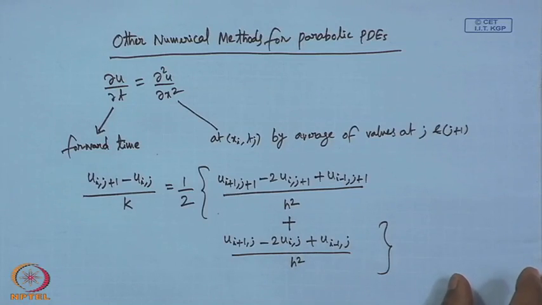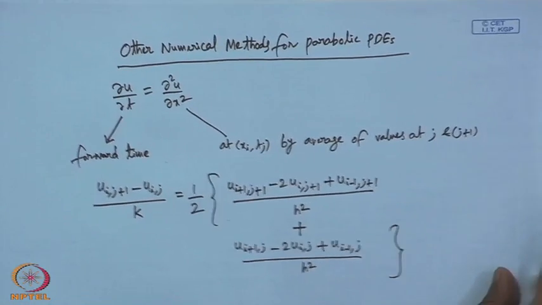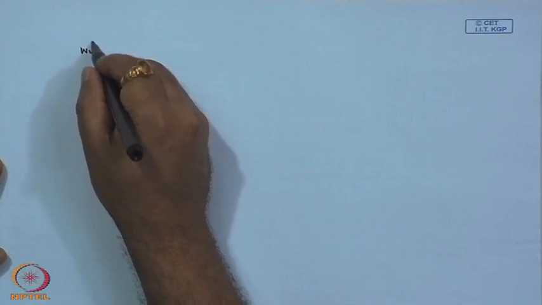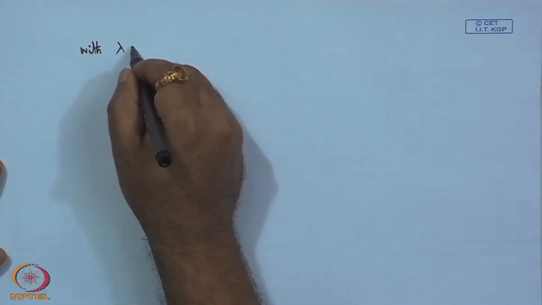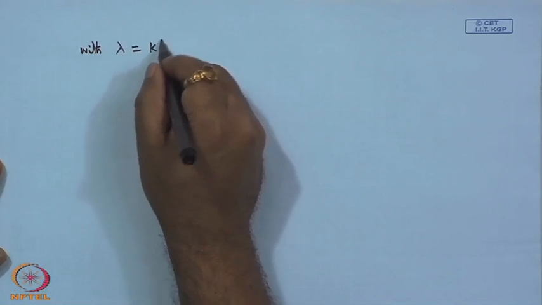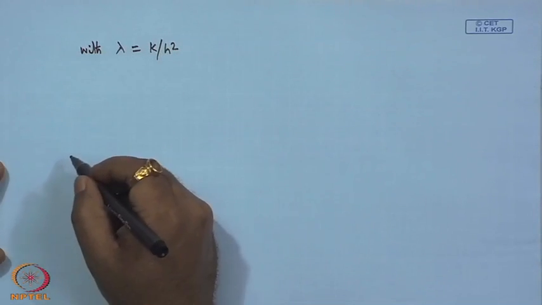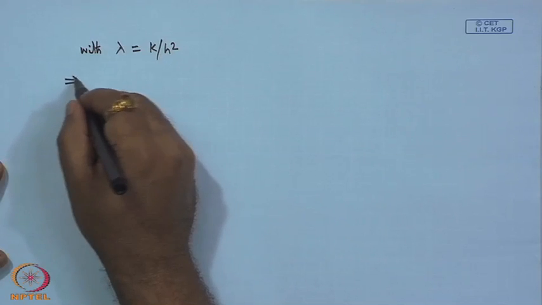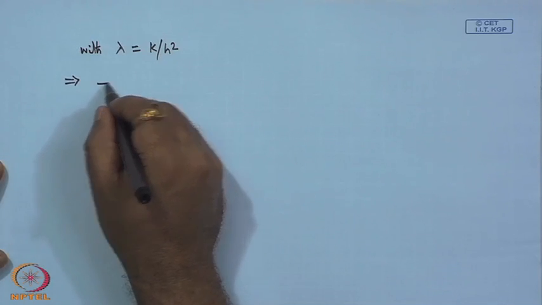So, if you simplify this, with lambda equal to k by h square, the discretization simplifies to.